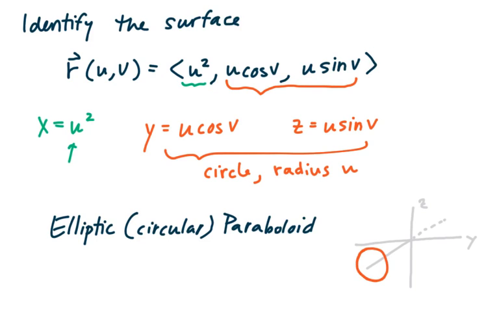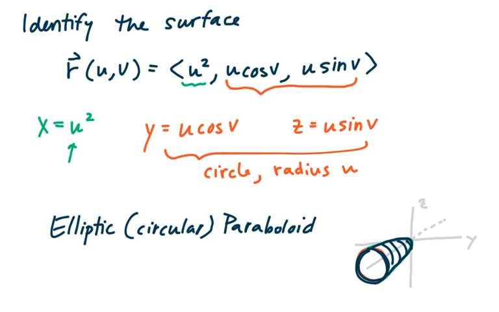And then what is occurring is we've got a parabolic shape traveling along that x-axis. This is not the most beautiful, but I think you get the idea. We have this elliptic paraboloid, and I say elliptic, but it's a circle in this case because those coefficients are the same.